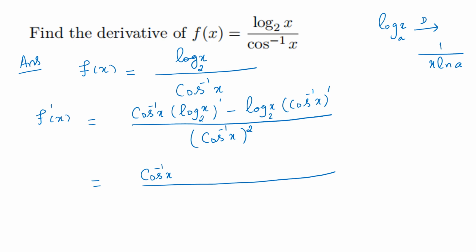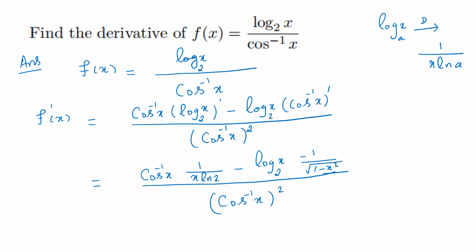Okay, so in place of a, here we have 2, so log x to the base 2 derivative is 1 by x times natural logarithm log 2. Then here minus log x to the base 2, cosine inverse x derivative, minus 1 divided by root of 1 minus x square, over cosine inverse x square.